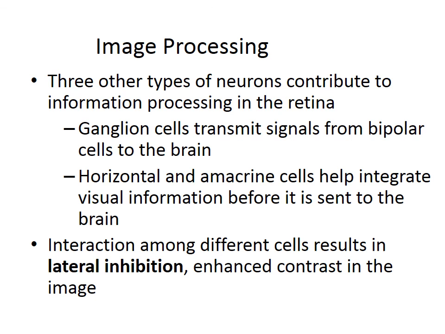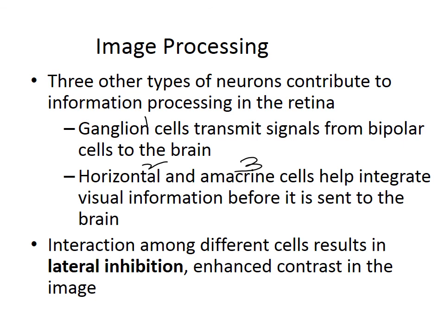There are three other types of neurons that contribute to information processing in the retina. There are ganglion cells, which transmit signals from bipolar cells to the brain, and there are horizontal and amacrine cells that help integrate the visual information before it's sent to the brain. So this is 1, 2, 3.